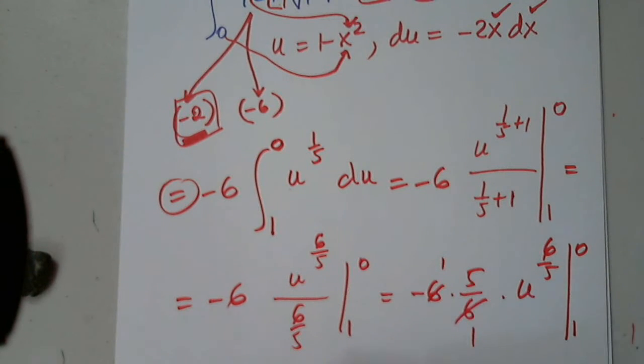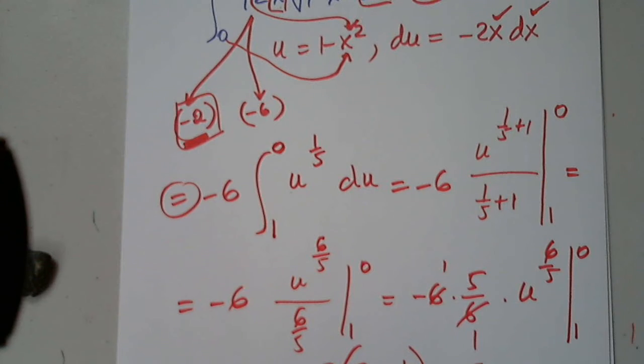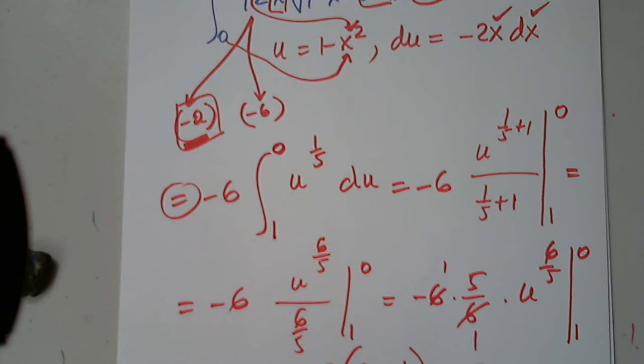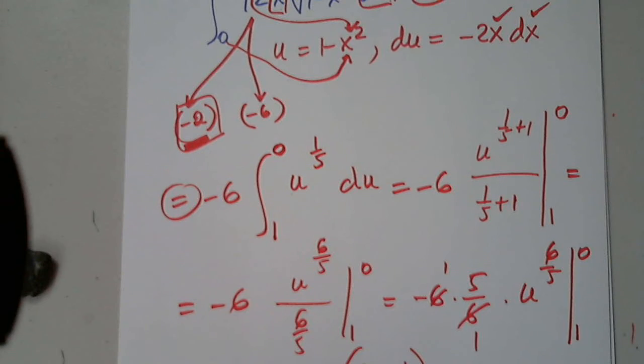So the final answer is negative 5 times parentheses: I plug in 0, I get 0, minus, I plug in 1, I get 1. Negative 5 times negative 1 is positive 5. This was not a very friendly situation.